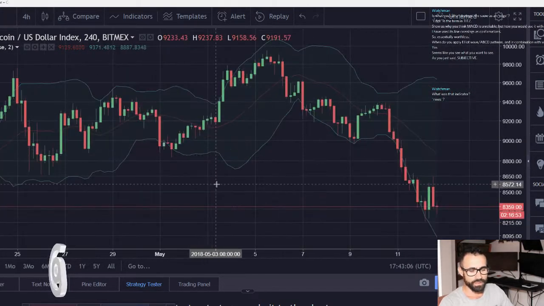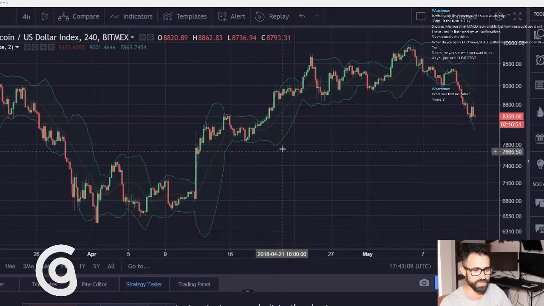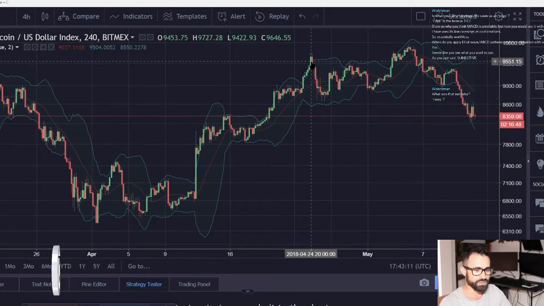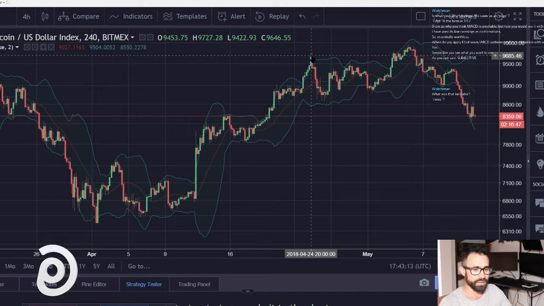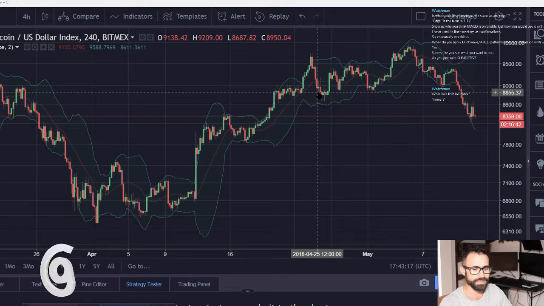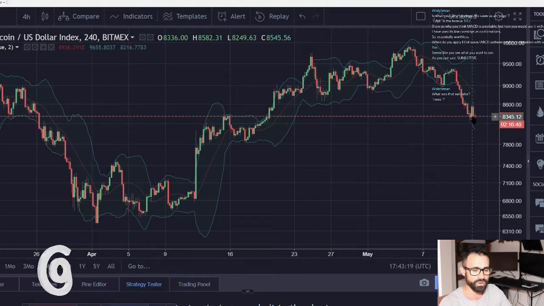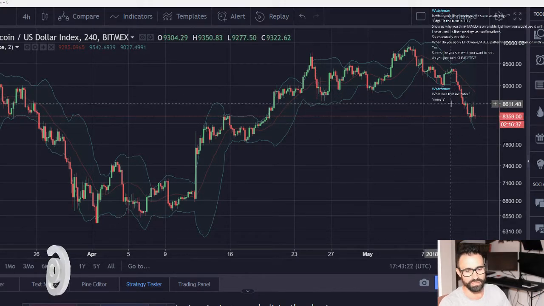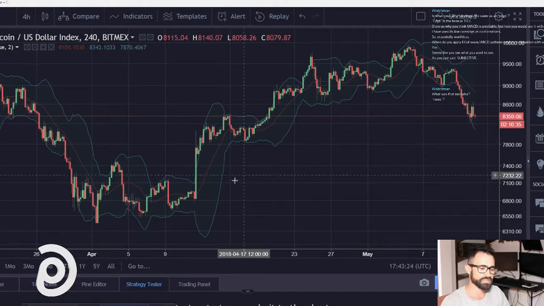But what the Bollinger Band strategy essentially says is that once price breaks above the band, it's going to turn back around and head back towards the median. That's where the median level of price action is.